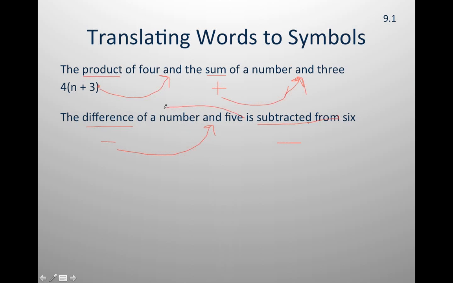So that means all of this right here that's being subtracted, and that's being subtracted from it. So this right here, the number and 5, is being subtracted from 6. So that means that the 6 is actually going to be first, minus n minus 5, like that. Okay, and why? Because that word subtracted from means that the order switched. So these two things switched around. Okay, that went up front, and then that went to the back side because of that word subtracted from.